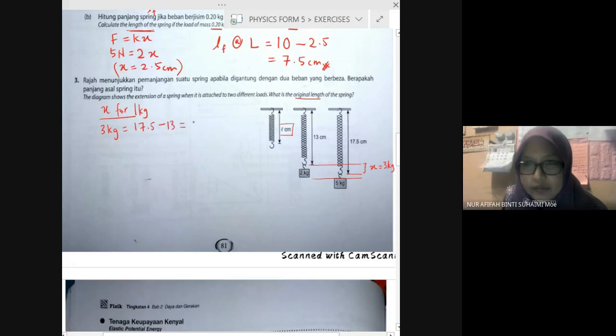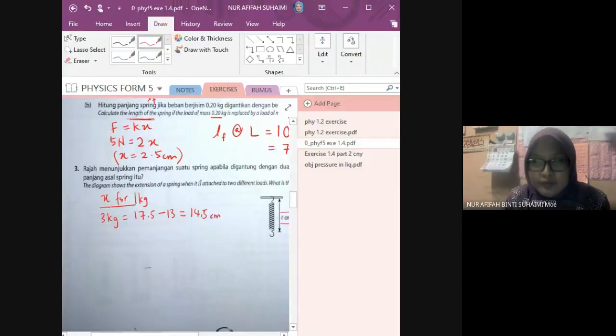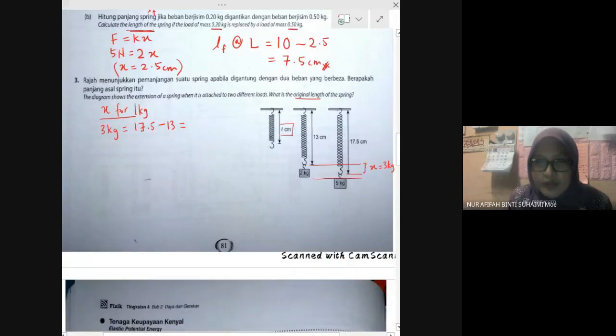So we get 14.5? 14.5 apa pula ni, matematik. 17.5 minus 13 becomes 4. Okay, 17.5 minus 13. The extension here becomes 4.5 cm for 3 kilogram.